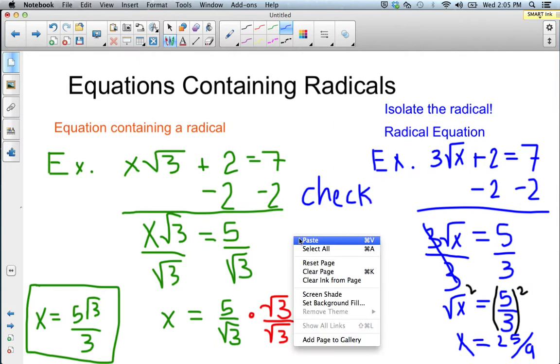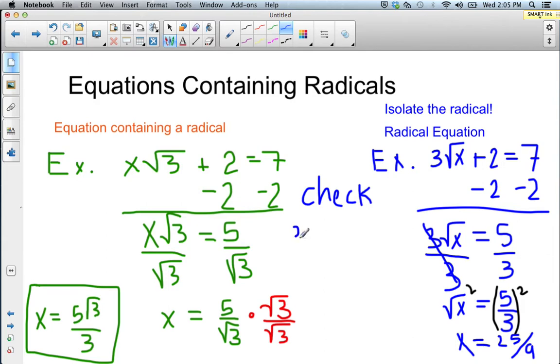So we have 3 times, and remember x was 25 over 9, so I have a square root of 25 over 9 plus 2 equals 7. And this does in fact work.